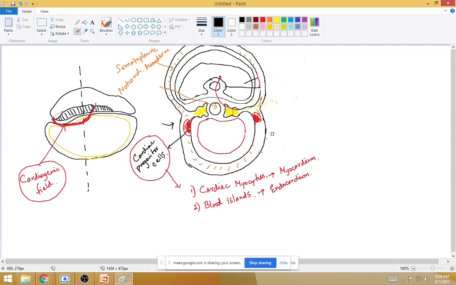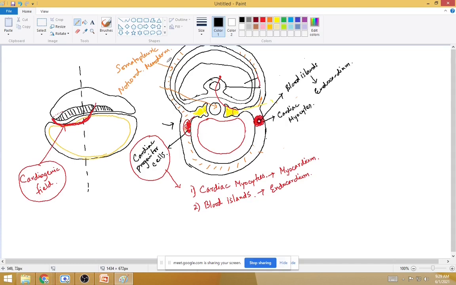In this area, there will be some cardiac progenitor cells which will form the myocardium. These are the cardiac myocytes. Some of them will be forming the blood islands, and these blood islands in turn will be forming the endocardium as well as the blood inside it.